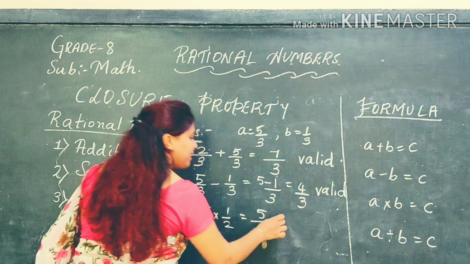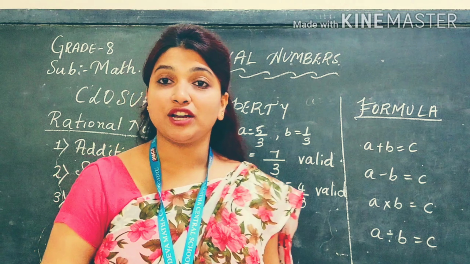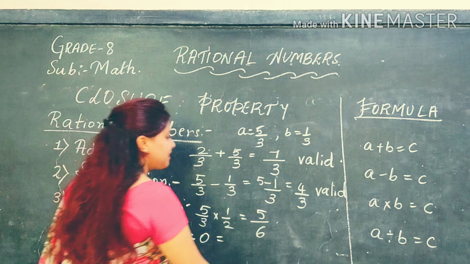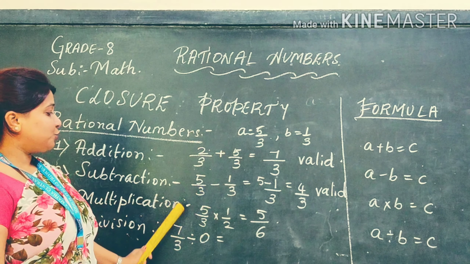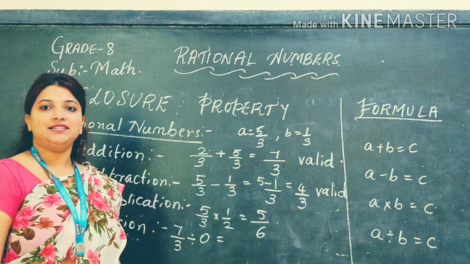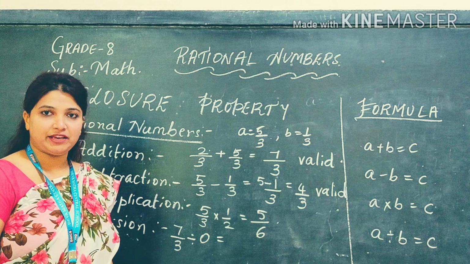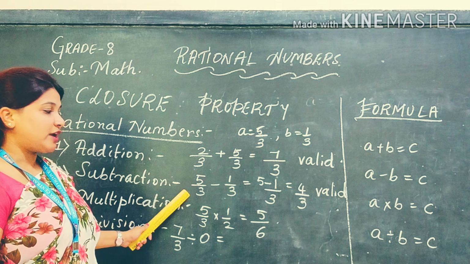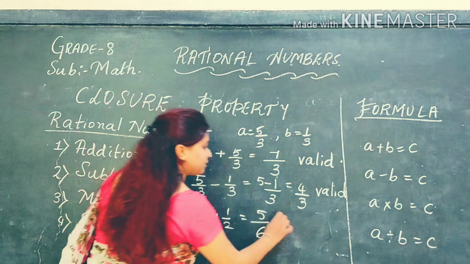So 5 by 6 is again a rational number. Alright. So therefore I can say that when two rational numbers multiply, closure property is valid here also in multiplication. So closure property is valid for addition, subtraction and multiplication.